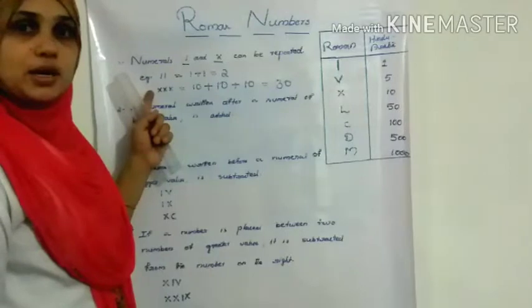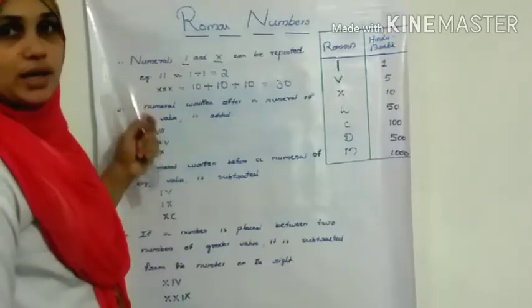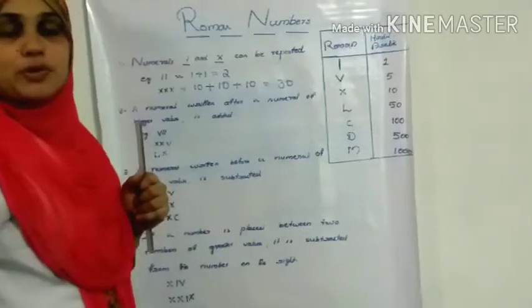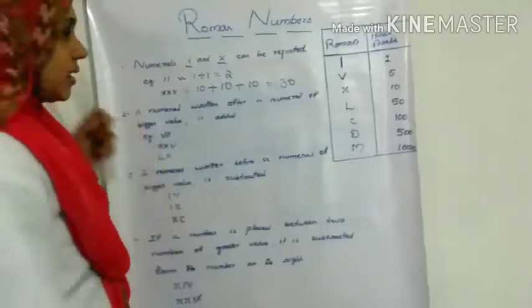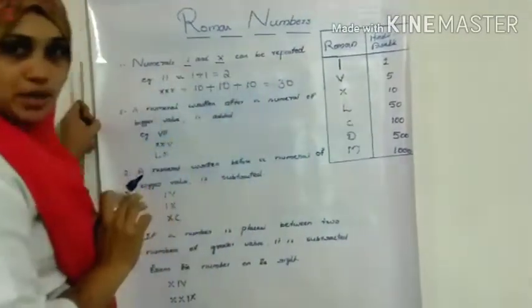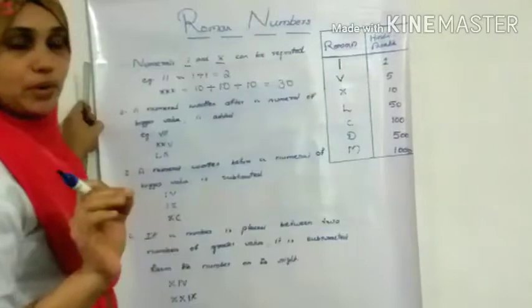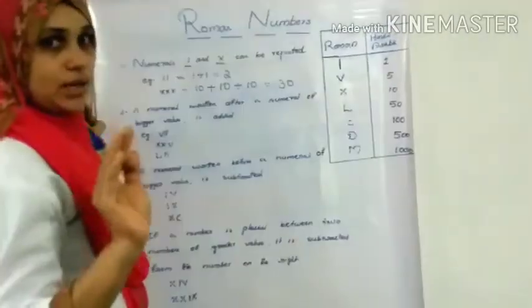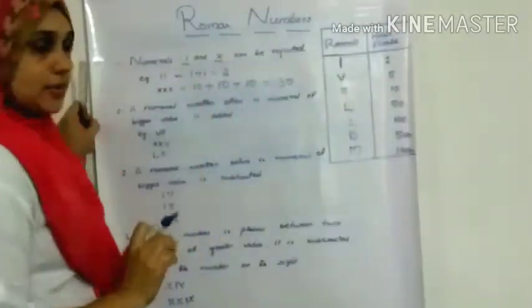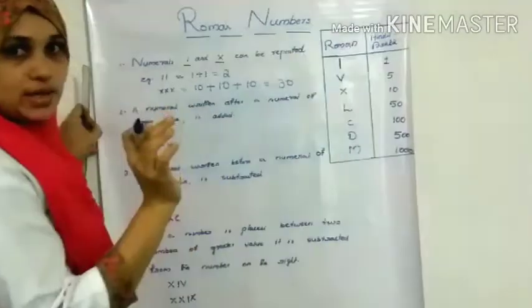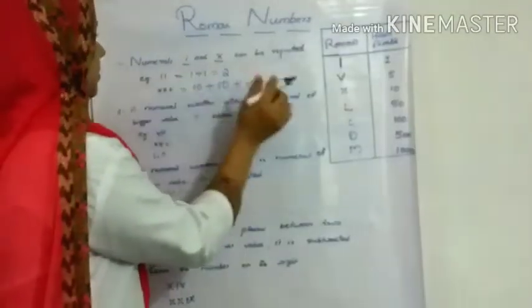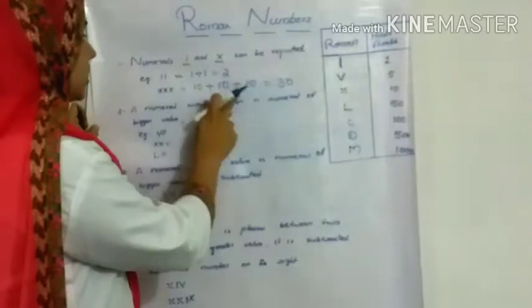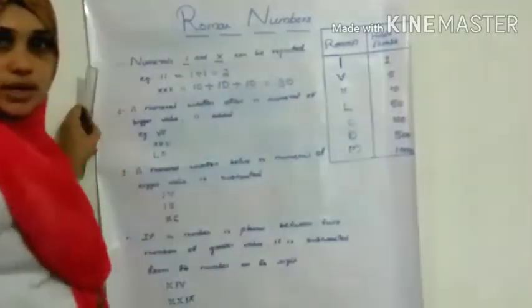Is it possible? No. Why? Maximum number of repetition is 3. These two we can repeat, but only 3 times. 10 plus 10 plus 10 is equal to 30.